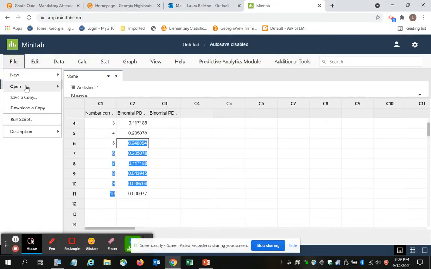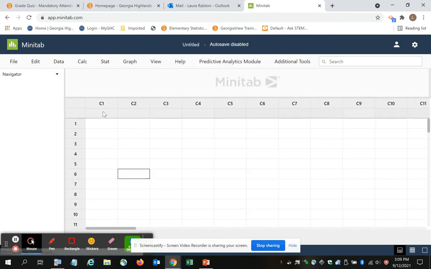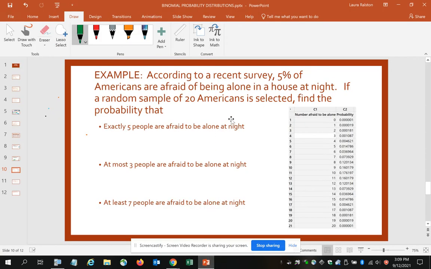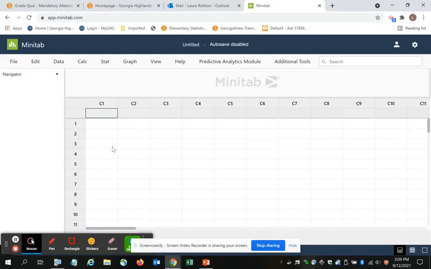I'm going to get a new project so we have a clean sheet. In the first column, you enter the possibilities for your variable, the number of Americans who are afraid of being alone at night, so I could put maybe number of Americans.